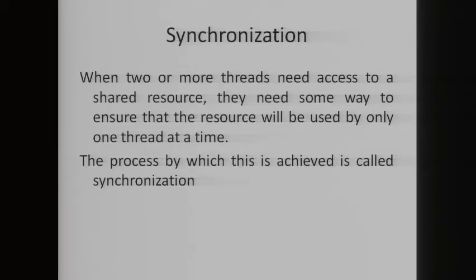So, it is necessary to make sure that only one thread can access the resource at a given point of time. So, for example, multiple threads attempt to write within an equivalent file.